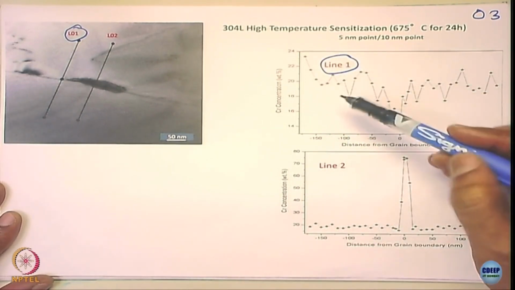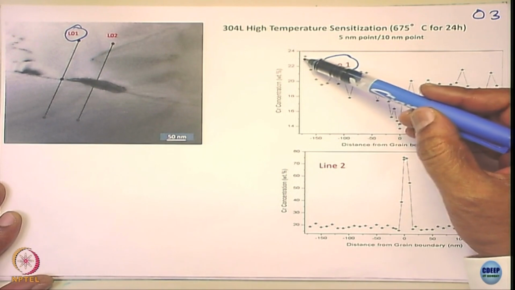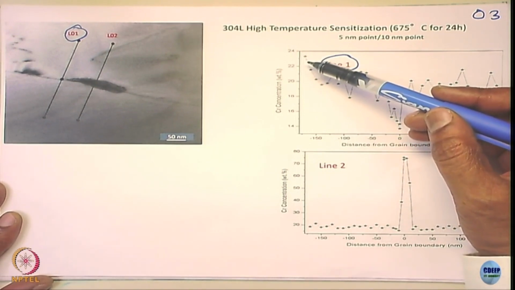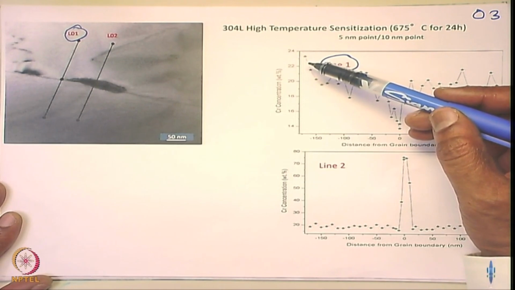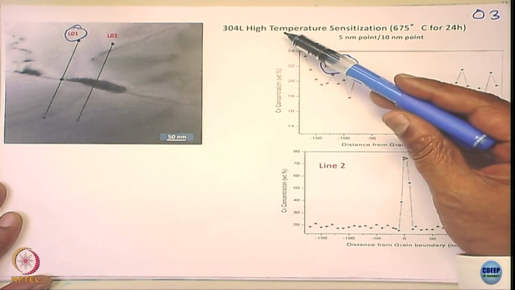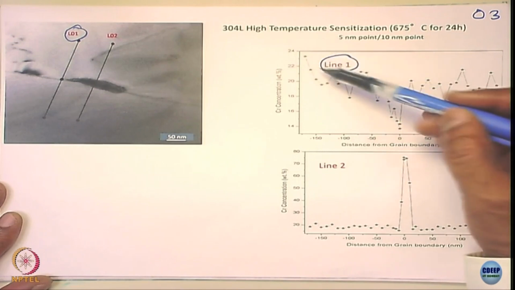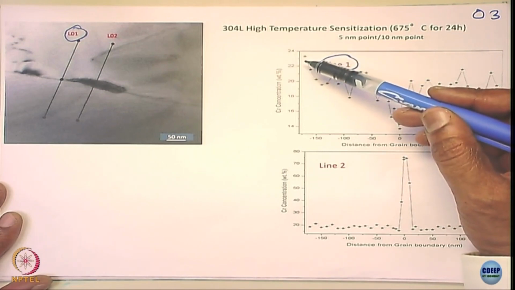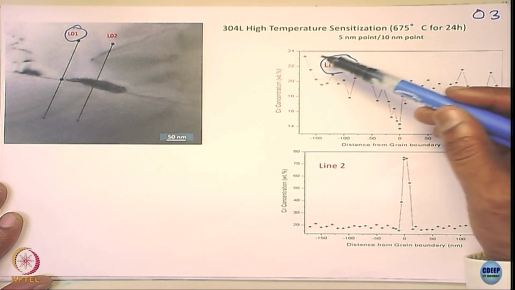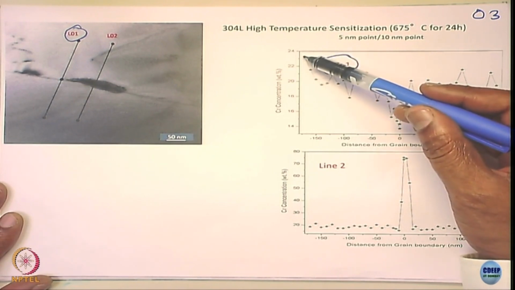See that at this magnification, there is uncertainty in the composition. The chromium content here is supposed to be 18%, but what you report here is about 24%. So there are limitations in the experimentation inherently, so don't worry about the absolute values here.